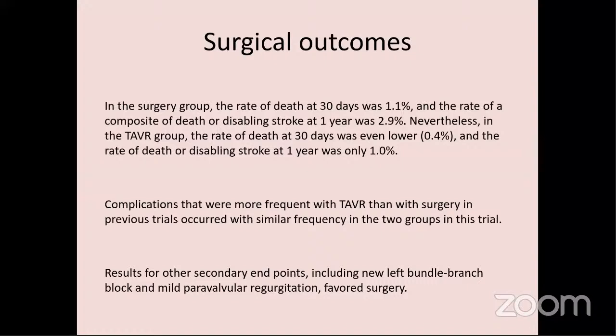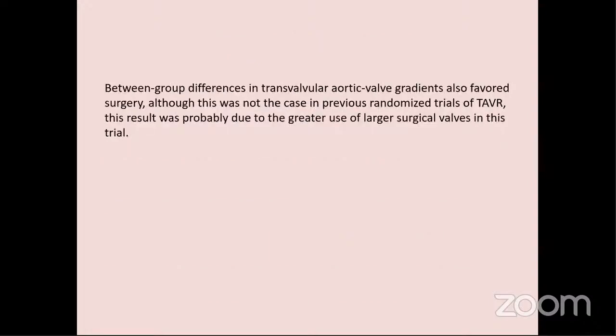Results for other secondary endpoints, including new left bundle branch block and mild paravalvular regurgitation, favored surgery. Between-group differences in the transvalvular aortic valve gradient also favored surgery, although this was not the case in the previous randomized trial of TAVR. This result was probably due to the greater use of larger surgical valves in this trial.